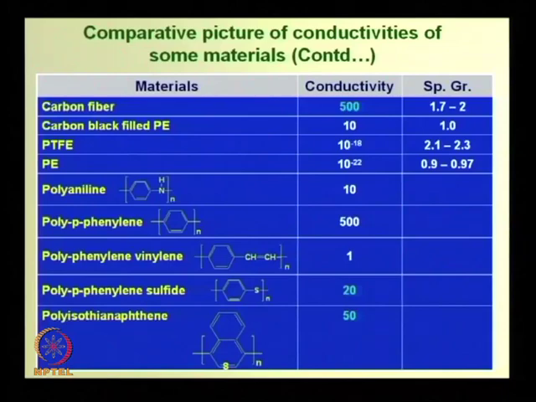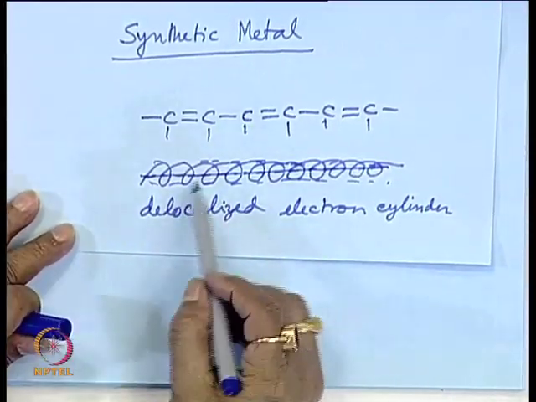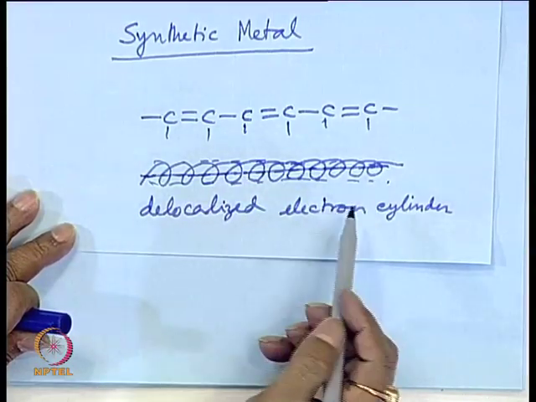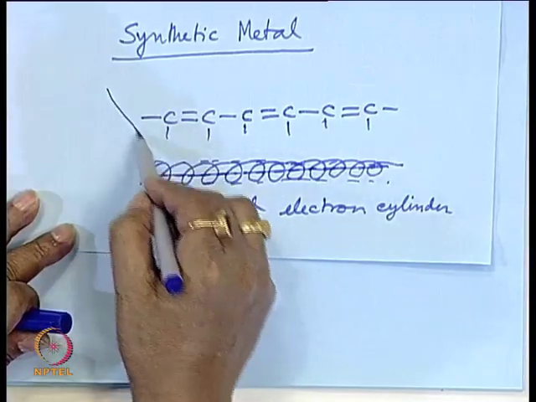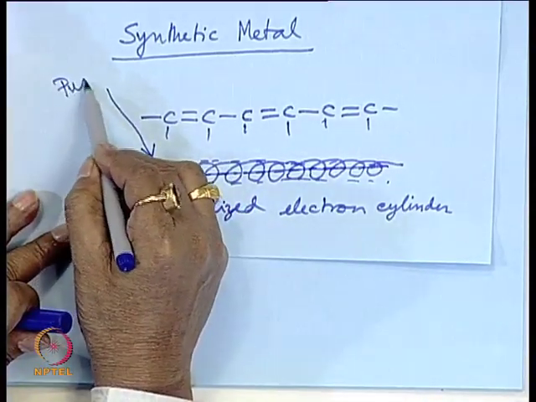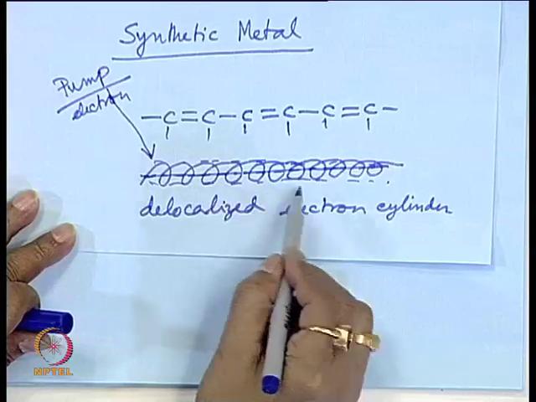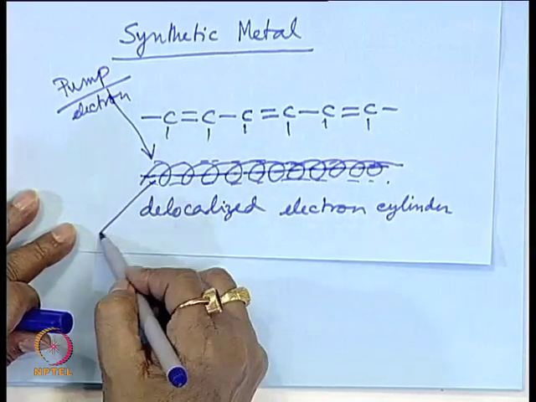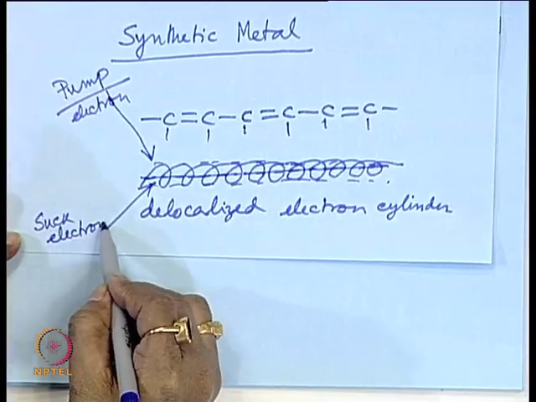The thing is I was telling you, if you consider this diagram, this one, this diagram, electron cloud. Okay. So, if you can make some device, so that either you can pump electron to this system, or you can suck electron from the system.